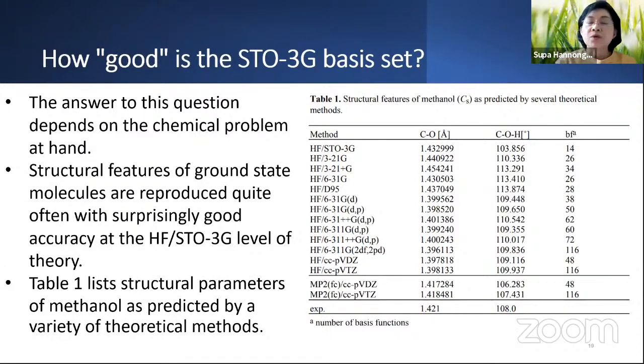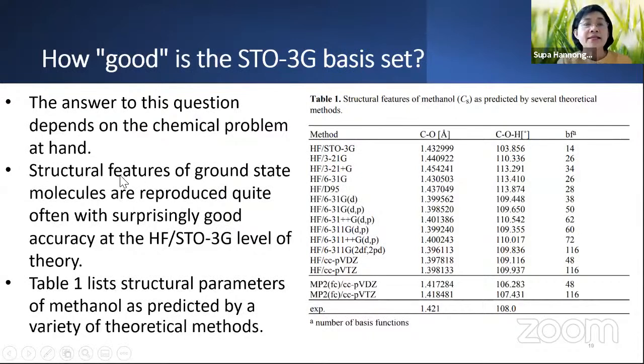Now, most quantum chemists accept the STO-3G basis set. Okay, and how good is this basis set? In order to answer this question, it depends on the chemical problem at hand.